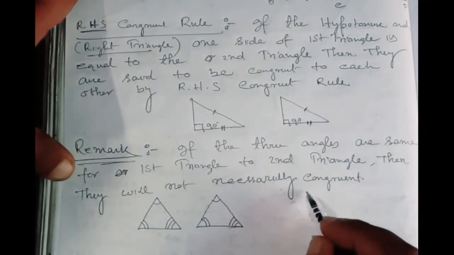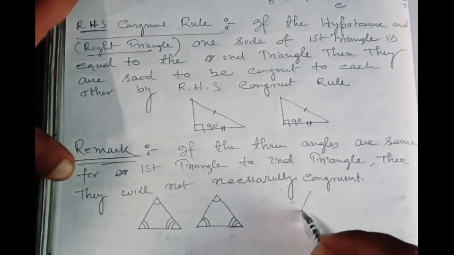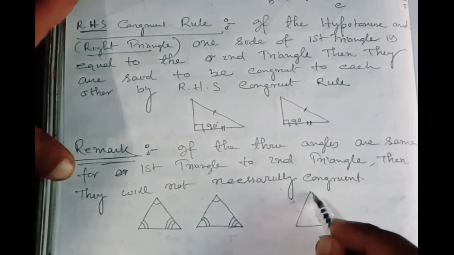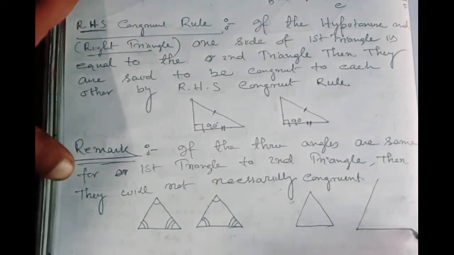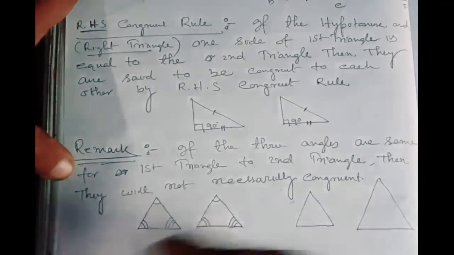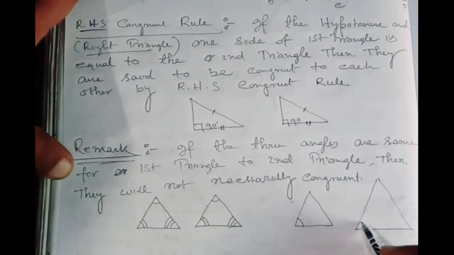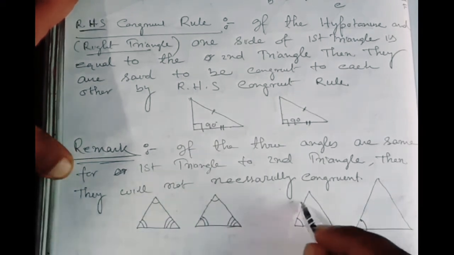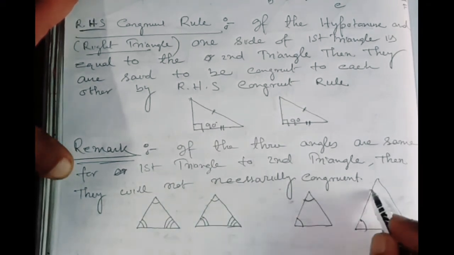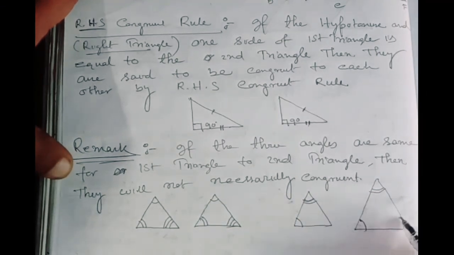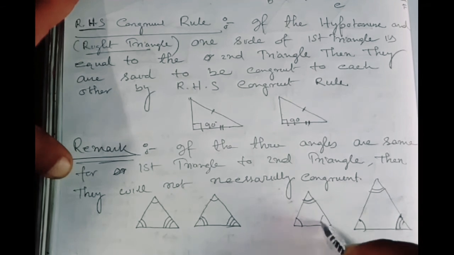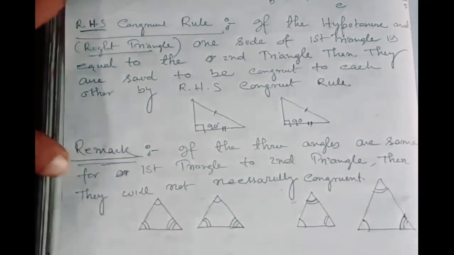Now again I am drawing one figure, this figure and one bigger figure. If this angle is 60 degrees, there is a possibility this is 60 degrees; if this is 45 degrees, this angle will be 45 degrees, and so on for the rest.